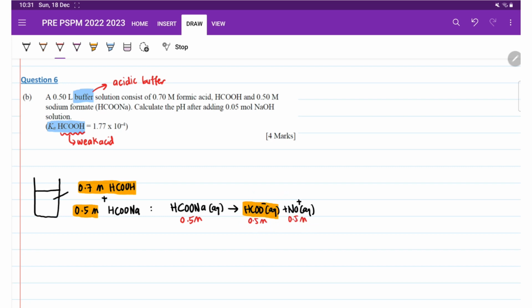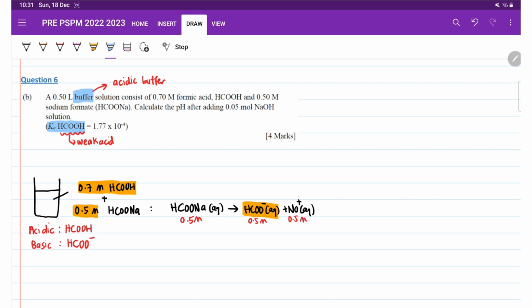Okay. So kita tentukan dekat sini what is the acidic medium and what is the basic medium of the buffer. So our acidic medium adalah HCOOH and the basic medium is the conjugate base which is HCOO minus. Daripada sini, bila kita dah faham betul-betul kita punya buffer system, barulah kita boleh pergi kepada soalan.